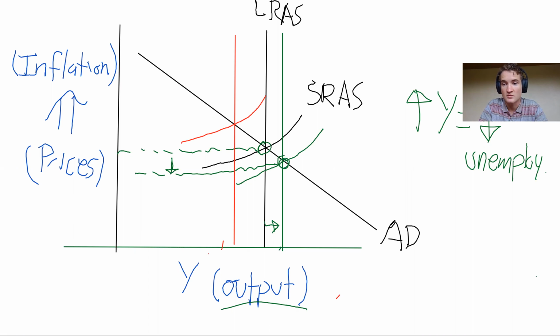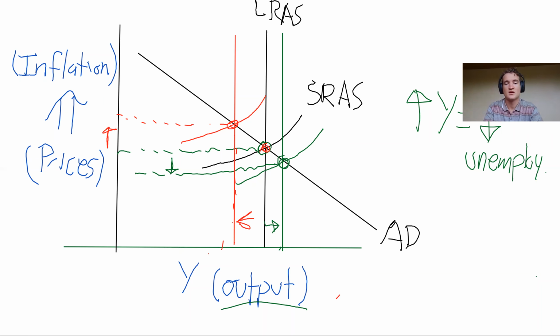And now you just got to think, what is the change in the equilibrium? So we started here where I circled in green, I'll circle in red, and now we've moved up to here. So in terms of output and in terms of price, what has happened? Well, we started at this green line, now we're at this red line, so that's an increase. In terms of output, we started at this green line, now we're out to this red line. That's a decrease.